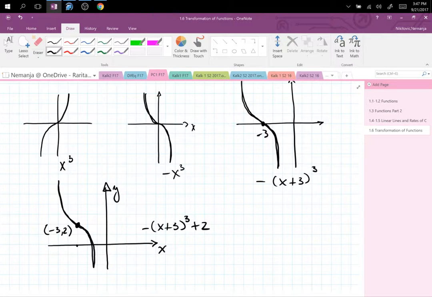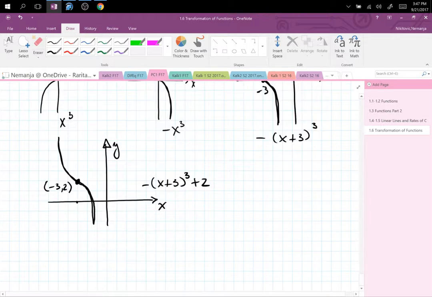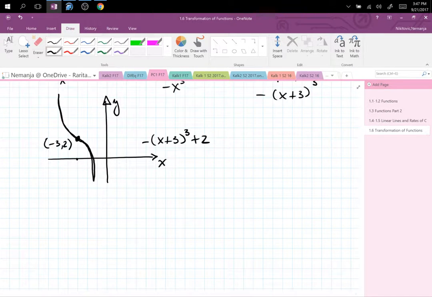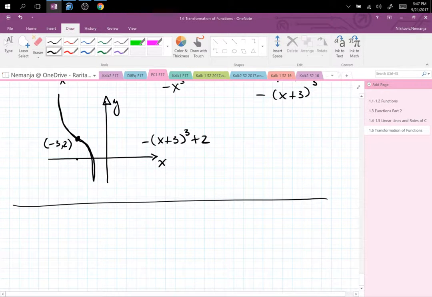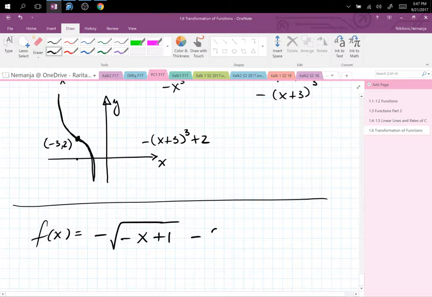So I want to conclude this section with the final problem: f of x is equal to negative square root of negative x plus 1, minus 2.